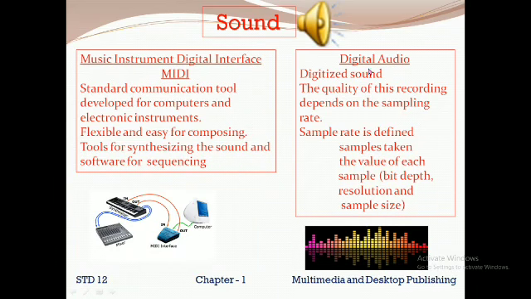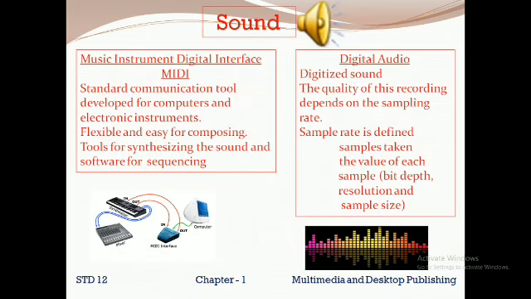Digital audio. Digital audio is a technology that is used to record, store, generate and reproduce sound using audio signals that have been encoded in digital form, that is 0 and 1. Storing sound as digital information is bits and bytes. This is digitized sound. The quality of this digital recording depends on the sampling rate.